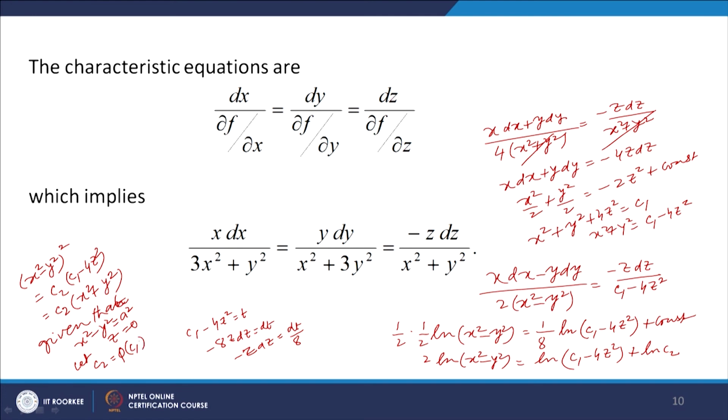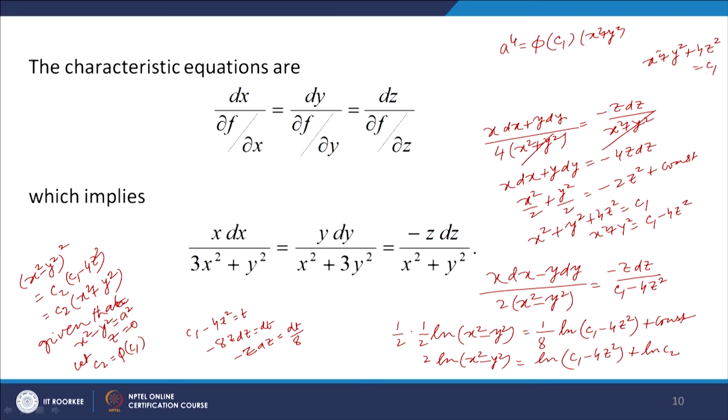Okay, so x square minus y square is a square, so a4 equal to phi of C1 into x square plus y square. Now x square plus y square, and C1 is what? x square plus y square plus 4z square, that is C1.